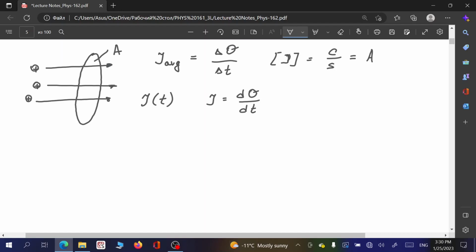So then what happens? We exert some electric force on electrons. They start to move with acceleration. But obviously they cannot accelerate forever because as they move, they will hit some ions in the crystalline lattice of this metal and dissipate energy.